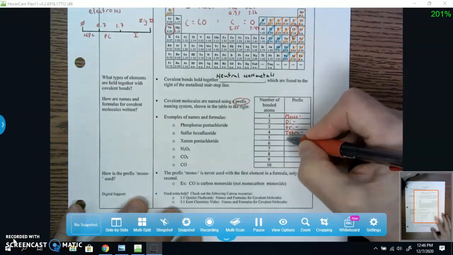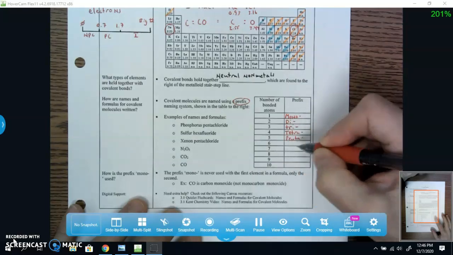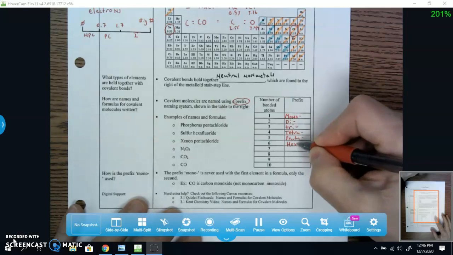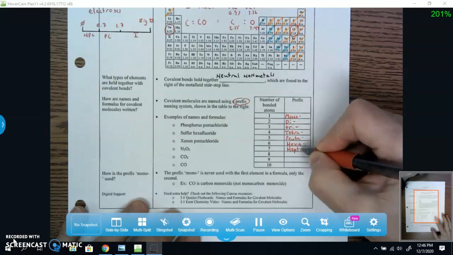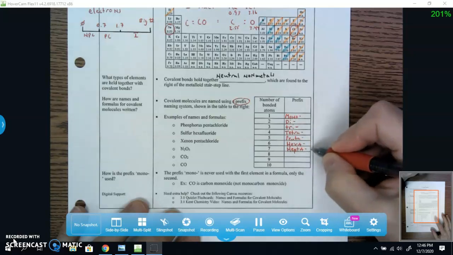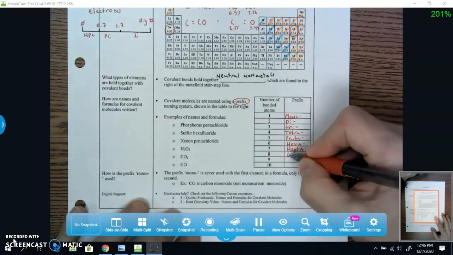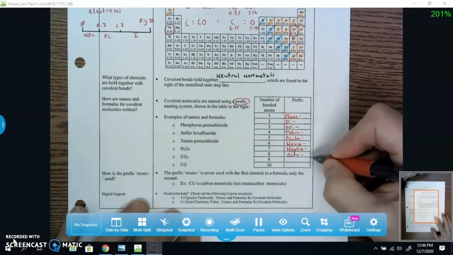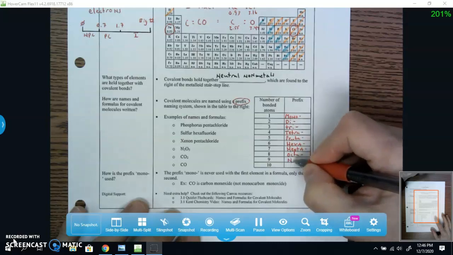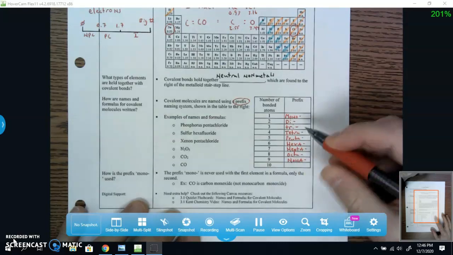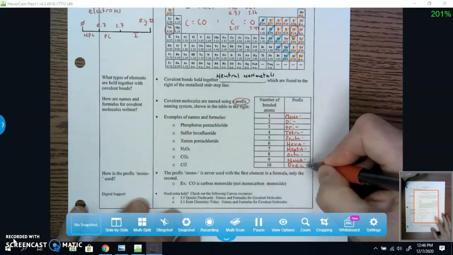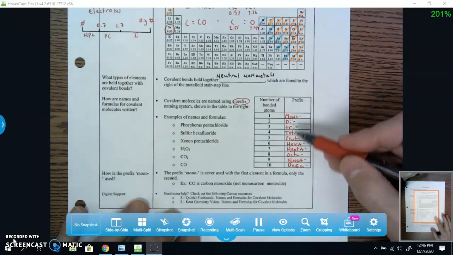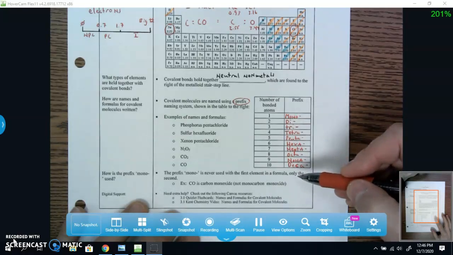So 5 is penta, 6 is hexa, 7 is hepta, H-E-P-T-A. Again, I know you might have heard of septa before, but we use hepta to refer to 7. 8 is octa, like an octagon, a stop sign. 9 is nona. And 10 is deca, D-E-C-A.